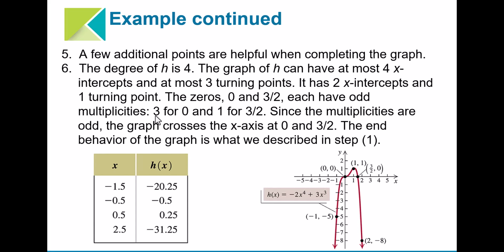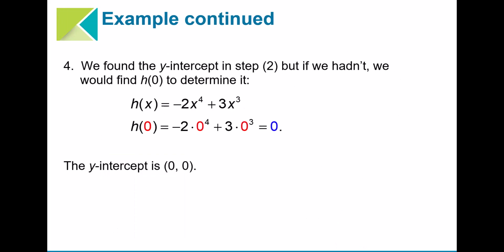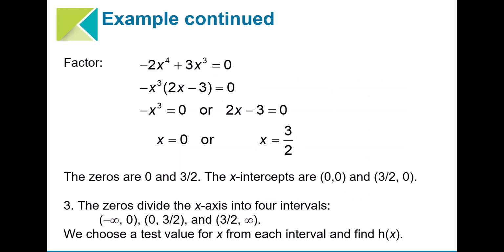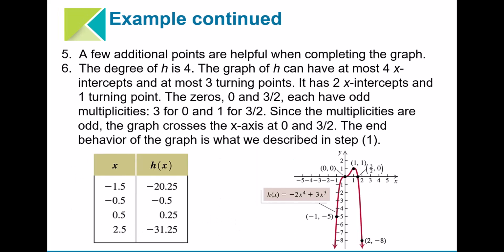The multiplicities, remember this was my, let me go back here, this piece right here, multiplicity of 3, multiplicity of 1, which is talking about here, my multiplicities. So since they're odd, the graph crosses the x-axis at 0 and at 3/2, and the end behavior is what we showed earlier. So it's just a quick way to at least have an idea what the graph looks like.